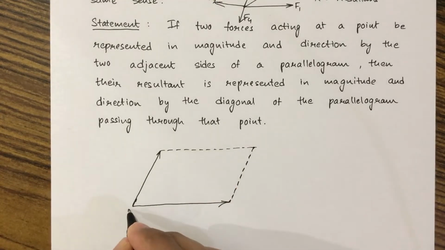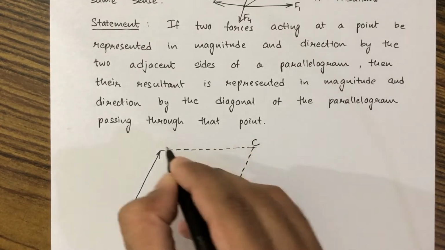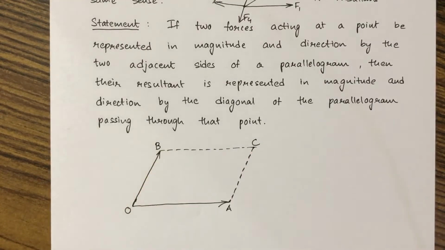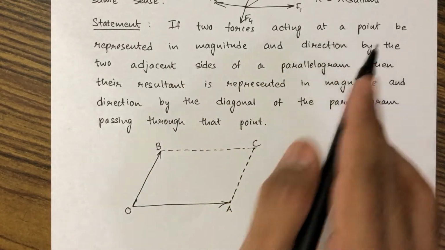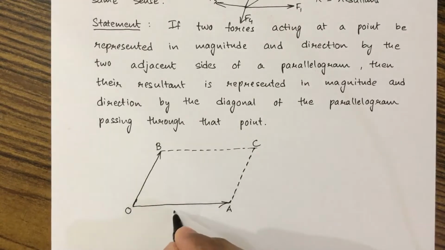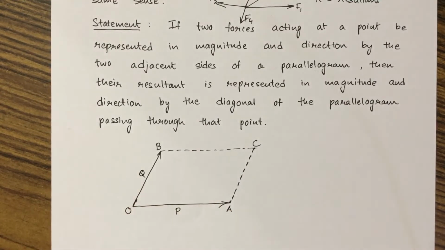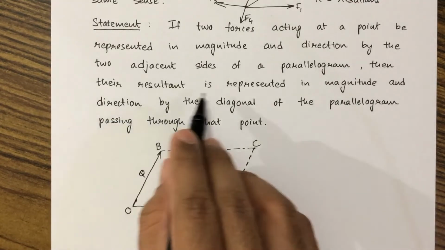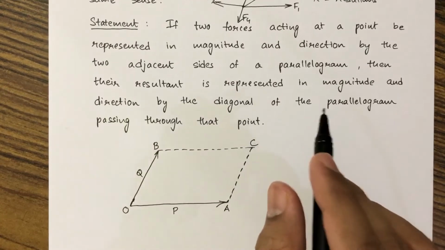Let us call this parallelogram OACB. And if two forces acting at a point, let us say this is force P and this is force Q, then their resultant is represented in magnitude and direction by the diagonal of the parallelogram.